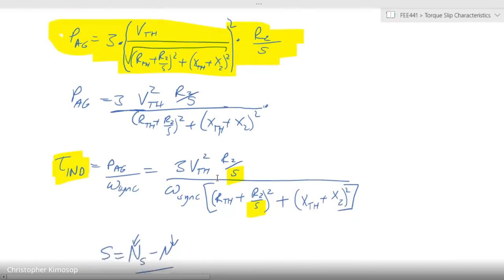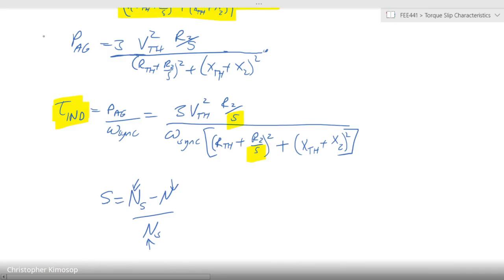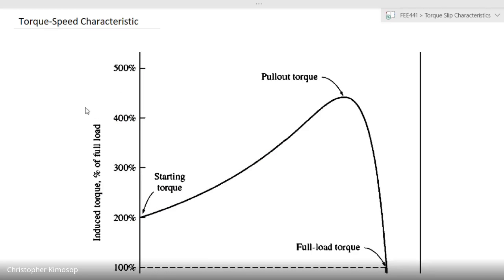Okay, so now we have given torque in terms of speed or slip. So what does that mean for us? It means that we can now relate the two together, which was the objective of our class today. So let's look at the torque speed characteristic.